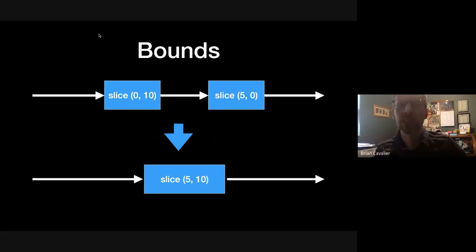And the most obvious thing is if you have a take followed by a slice, or a slice followed by a take, it's pretty easy to envision what's going on. So in this case, you've got a take followed by a skip. And you can just literally transfer the numbers into a new pair, right? The take value and the skip value.